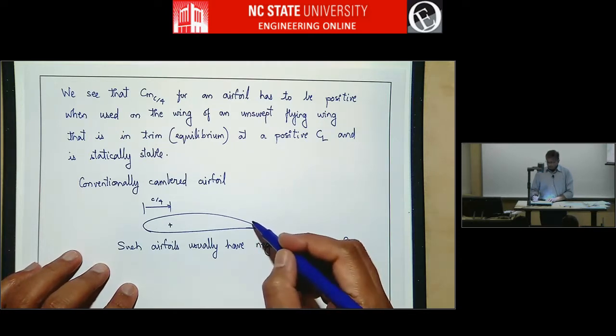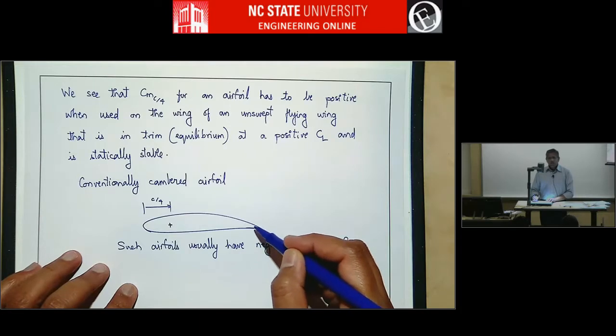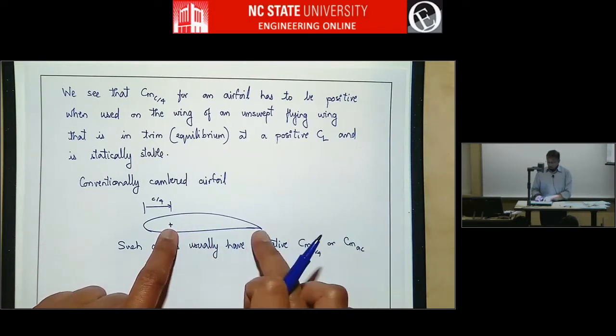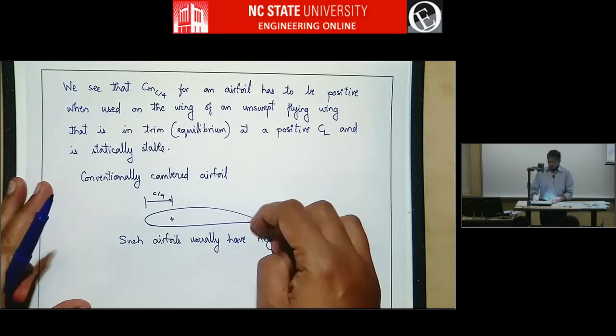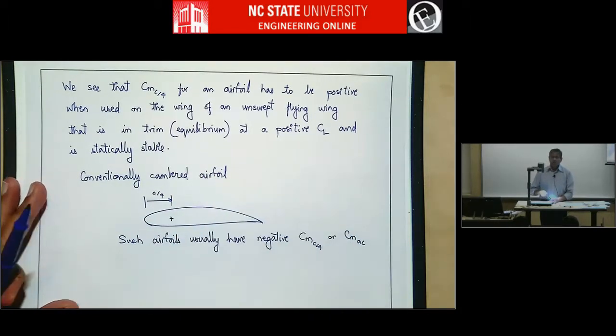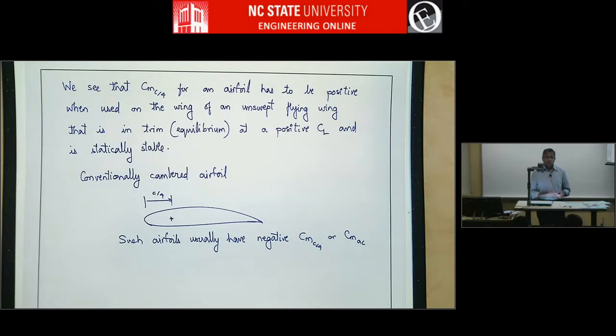So one way to do that is to create a small downward force near the trailing edge, and this moment arm is pretty large. So if you have a small downward force, it will create a nose up moment, which is a positive moment. So the rest of the airfoil can create positive lift. If you can create negative lift near the trailing edge, you can adjust the pitching moment to be positive.